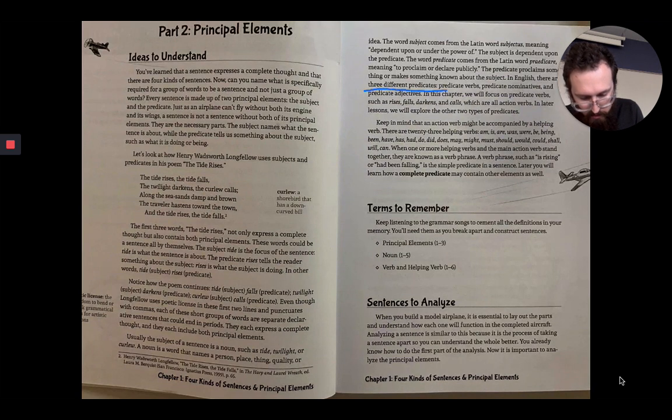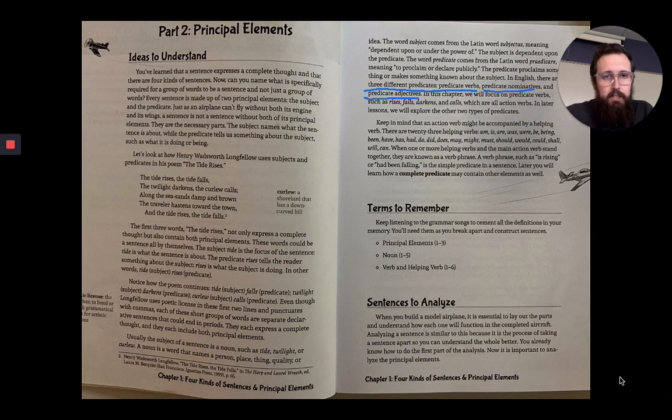There are predicate verbs, predicate nominatives, and predicate adjectives. In this chapter, we will focus on predicate verbs, such as rises, falls, darkens, and calls, which are all action verbs. In later lessons, we will be exploring the other 2 types of predicates.